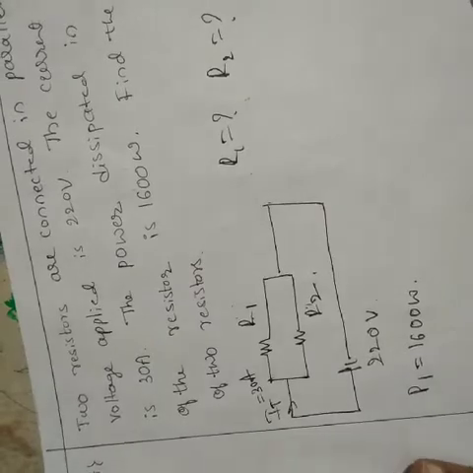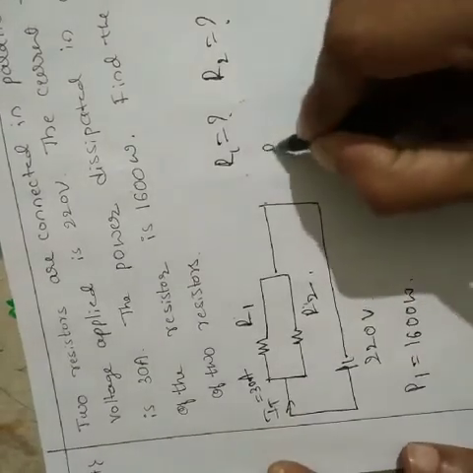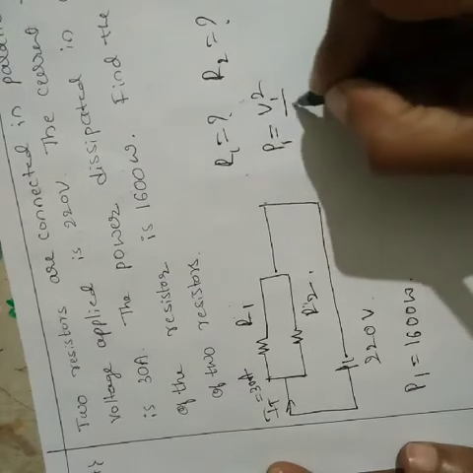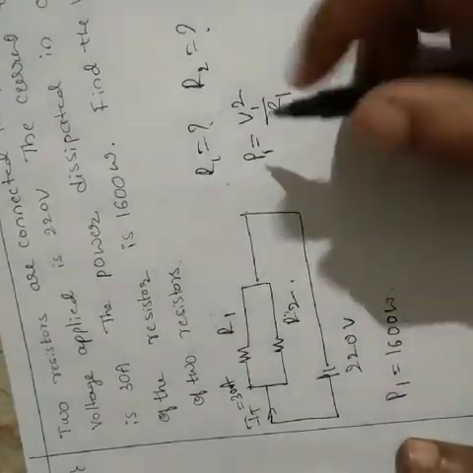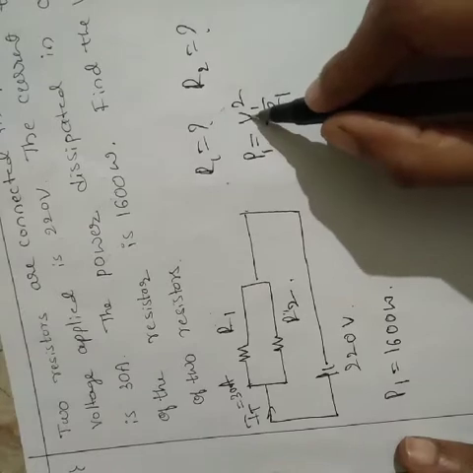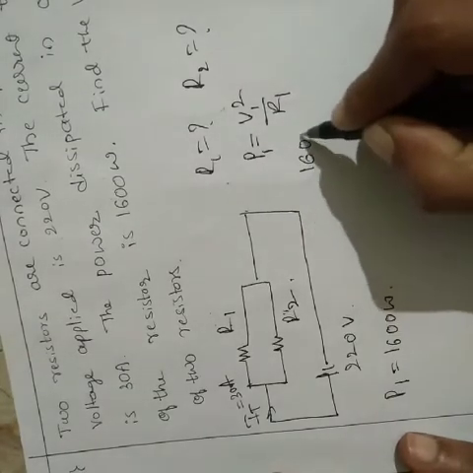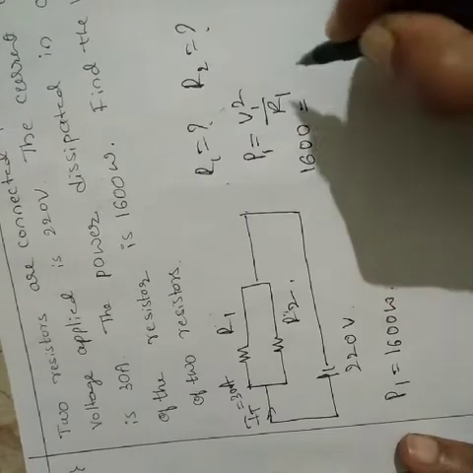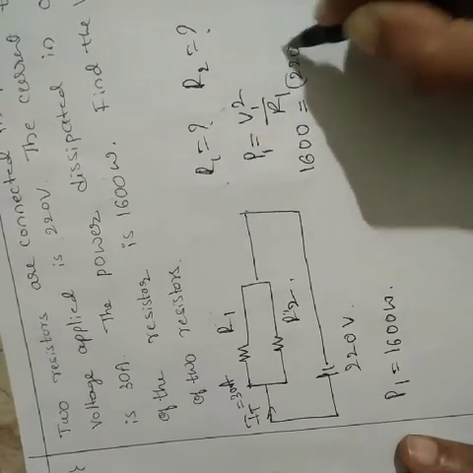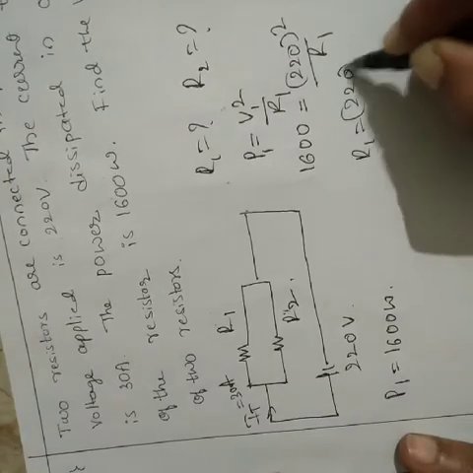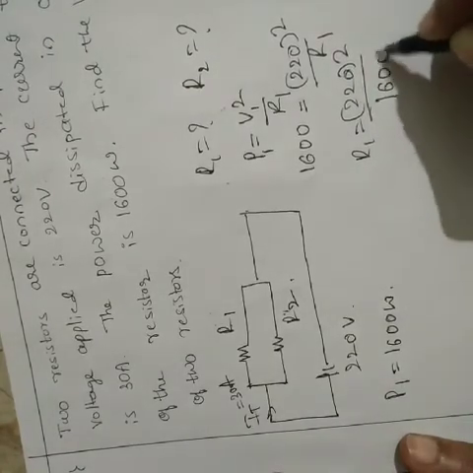Here the power consumption using P is equal to V1 squared divided by R1. In a parallel circuit, the voltage is the same. The power consumption in R1 resistor is 1600 watts, equal to 220 squared divided by R1. R1 is equal to 220 squared divided by 1600 watts.